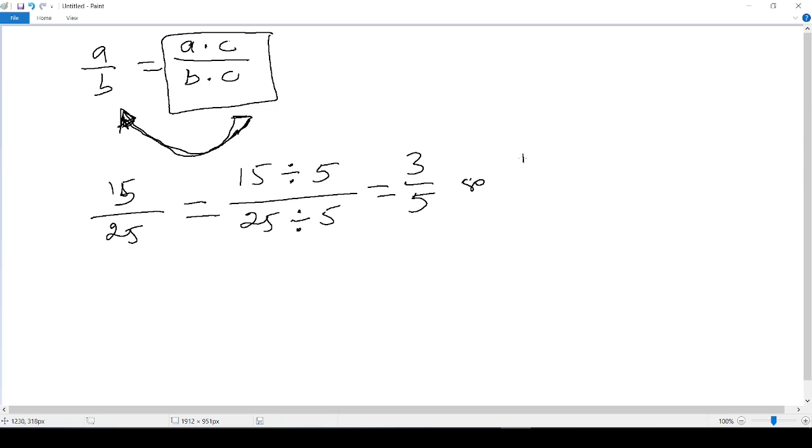So 15 over 25 is equal to 3 over 5. Before we stop, we have to check, can 3 and 5 be divided by another same number greater than 1? No. So we stop here, and the final answer is what we have here.